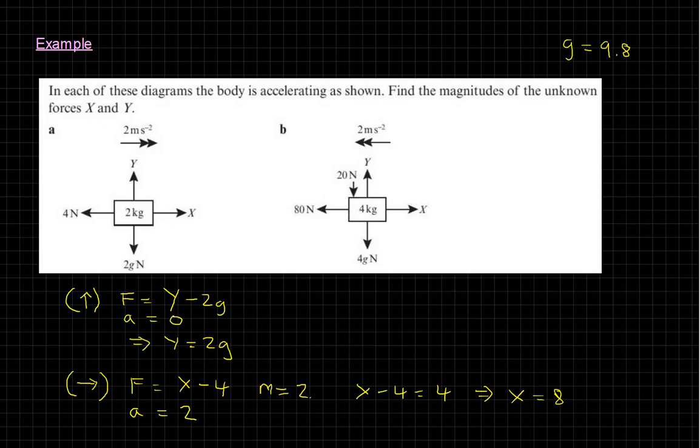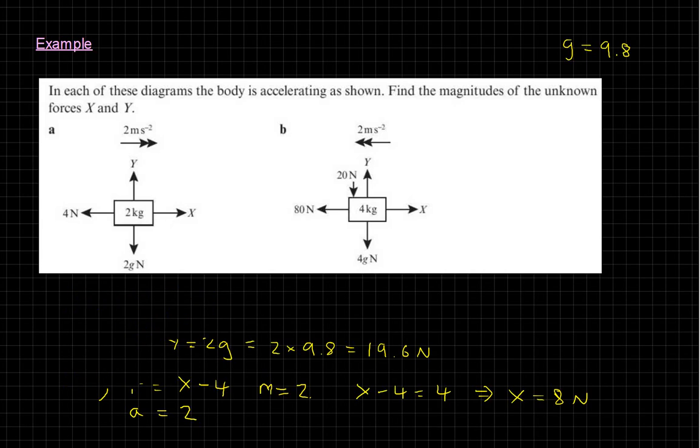And then just one thing to finish off, we said here Y equals 2g. We didn't fully answer the question, so that's 2 times 9.8, which is equal to 19.6. So we've got 19.6 newtons for Y and 8 newtons for X. I'm just going to rub that out, and we'll take a look at part B then.